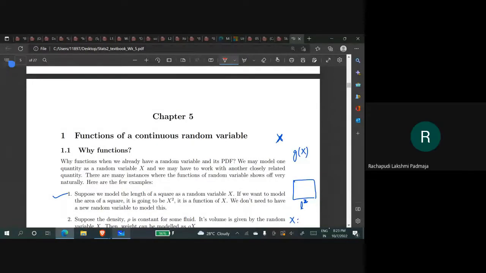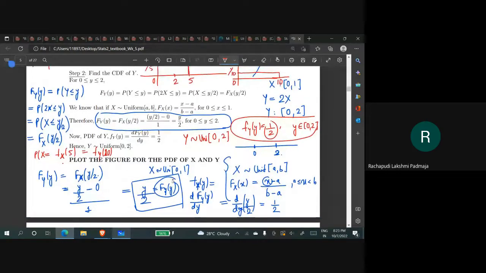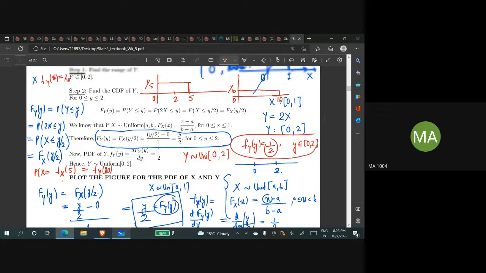Excuse me, ma'am, I have a doubt in the last step. We have got Fy of y is 1 by 2, and hence y is uniform 0 comma 2. How is it uniform 0 comma 2?